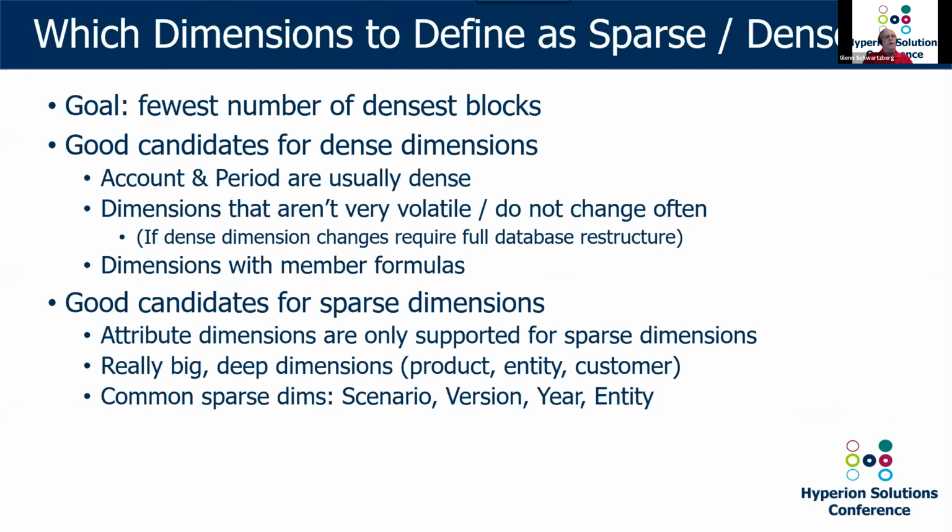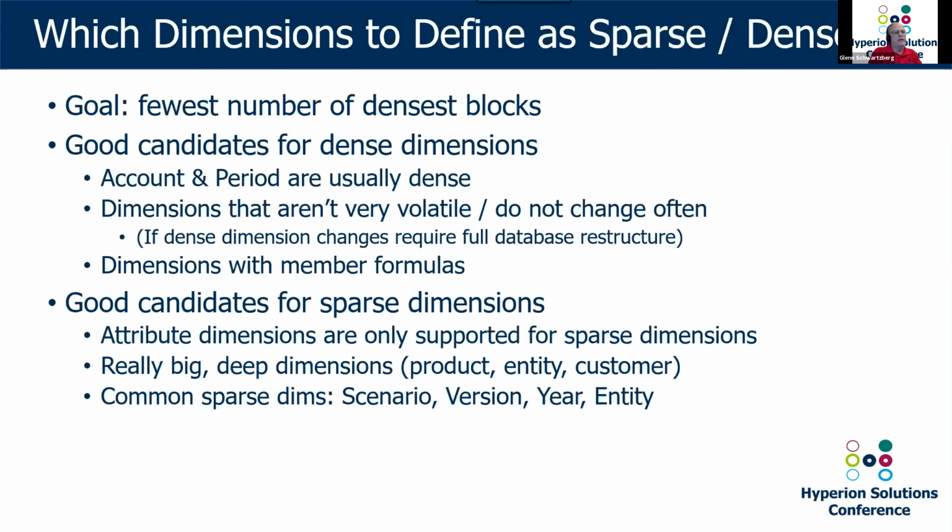But most commonly, accounts and periods are dense. Sometimes we're going to want to make more dimensions dense, especially if they're not volatile. So if we have a dimension like a view dimension or something else that doesn't ever really change, it may be worthwhile to make it dense. Obviously, because of attributes, anything that has an attribute dimension associated to it has to be a sparse dimension.